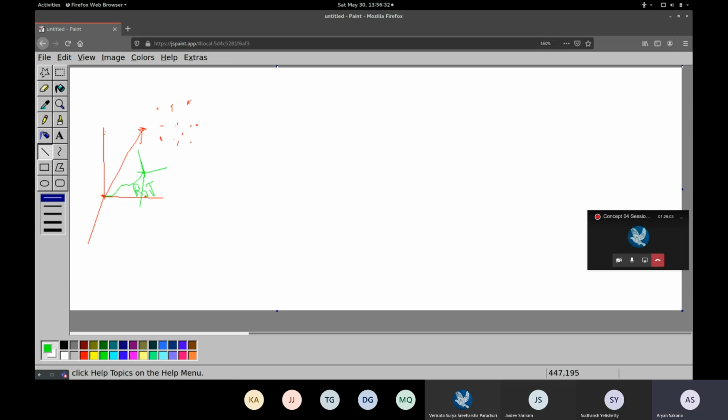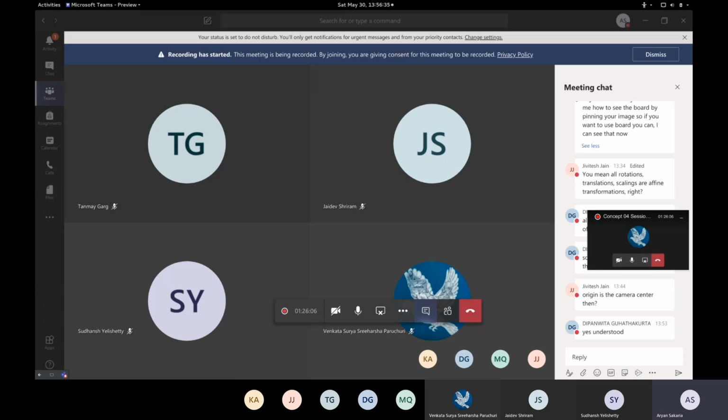I rotated first and then translated. Could anyone tell me what I have to do next to bring it back? Do you have to do the inverse translation followed by inverse rotation? Can you tell me what this would be, just physically speaking?